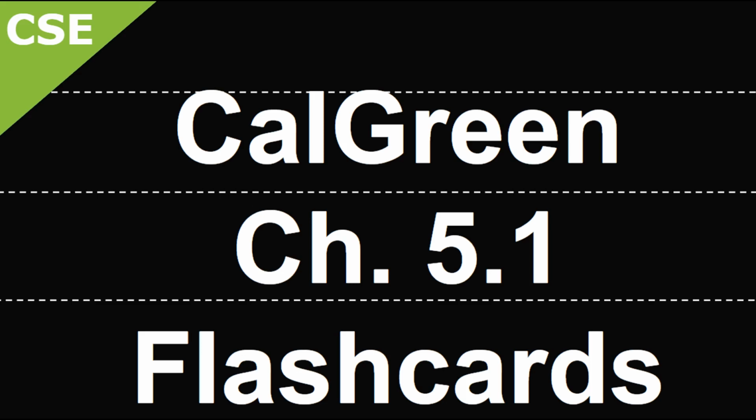Let's review this flashcard again. The requirements for electric vehicle charging stations is based on the number of electric vehicle charging stations required. The EVCS provided can be a level 2 or a DCFC. But remember, at least one level 2 shall be provided.